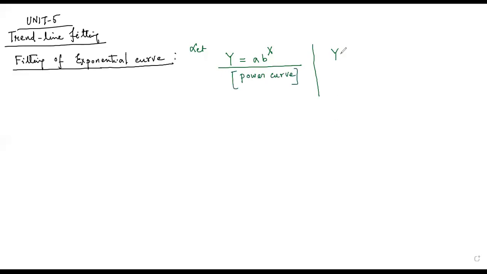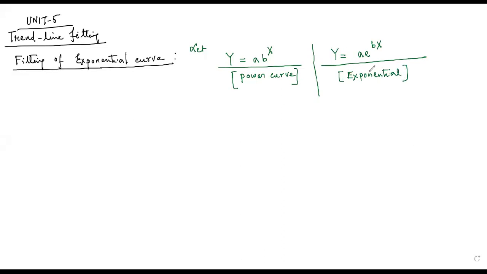And if you want to go for the exponential curve, you can consider a little bit different form, which is given as this. Then that would be a correct representation of the exponential curve, you think.